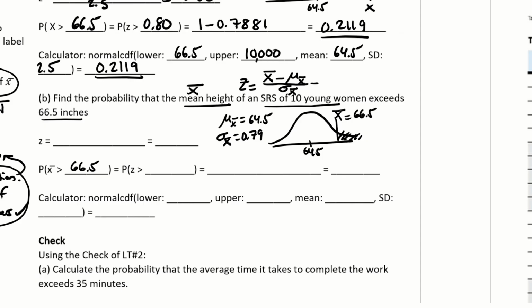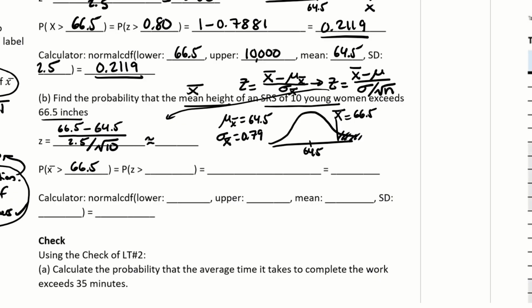But remember that mu x bar is equal to mu, and sigma x bar is equal to sigma over square root of n. So z is equal to the value, 66.5, minus the mean of 64.5, over the standard deviation, 2.5 over the square root of n, which is 10. That's approximately 2.53 for the z-score.